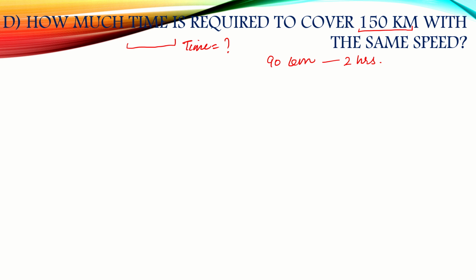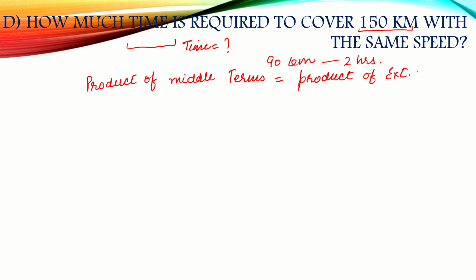I hope you know the proportion method: you will write product of middle terms will be equal to product of extreme terms. If you are not aware of this method, then simply you can do it with the unitary method, no issue. First I am going to start with the unitary method.